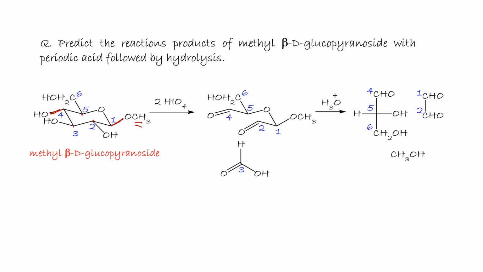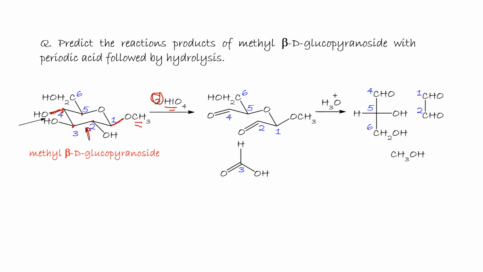Well, now we have only two C-C bonds carrying OHs. Here is one, here is two. So we consumed only two equivalents of HIO4. Between carbon 3 and 4 we will have one, and between 2 and 3 another one.